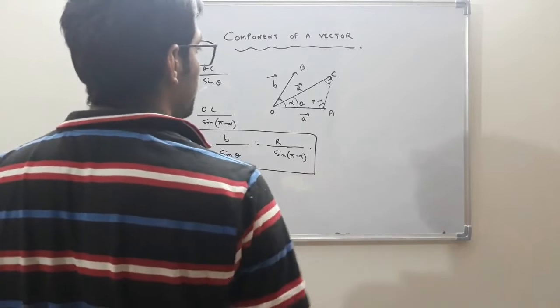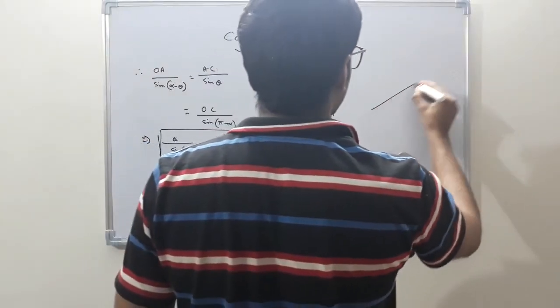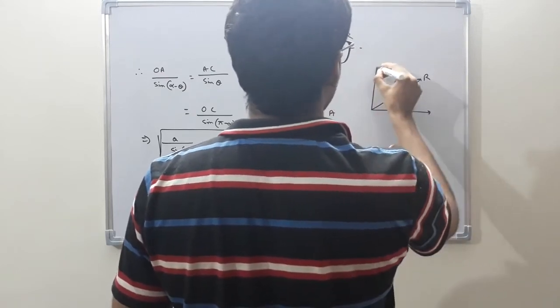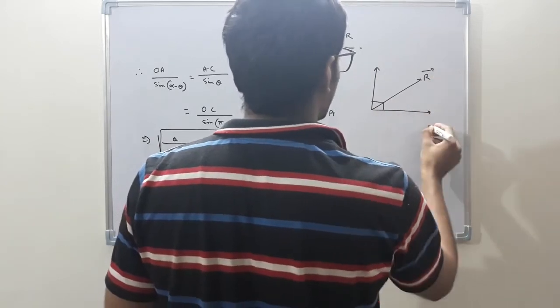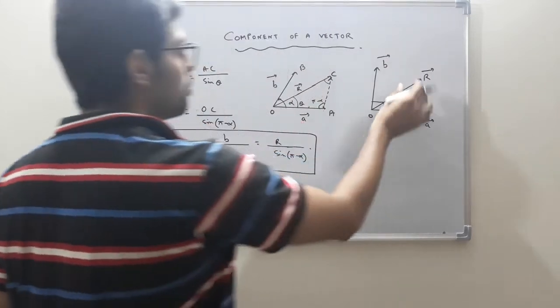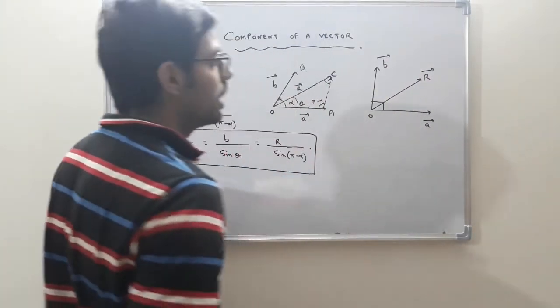Therefore, suppose this is R vector and these are the two component vectors, A vector and B vector, and the angle between A and B is 90 degrees.